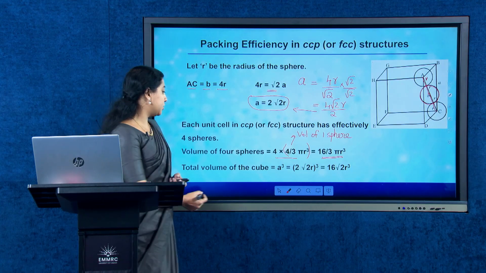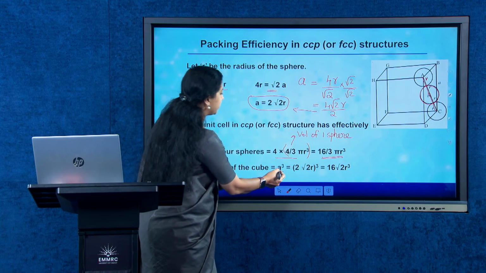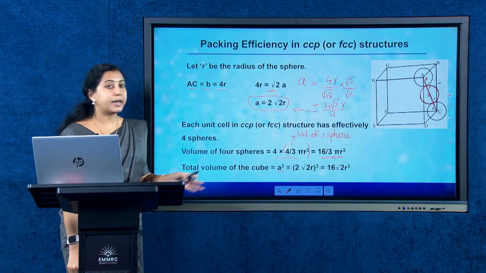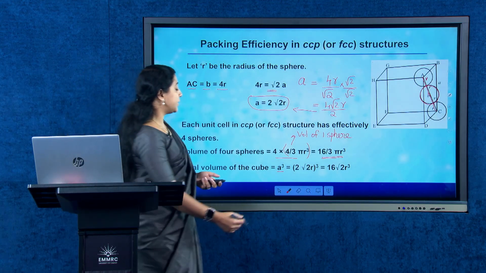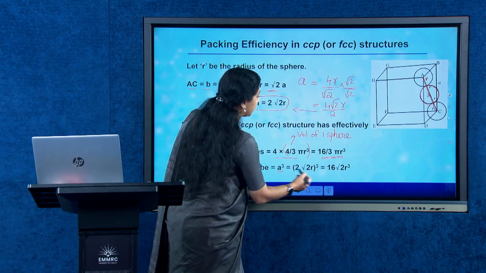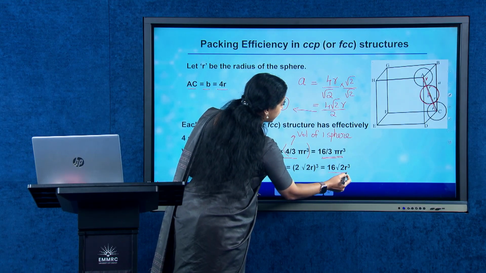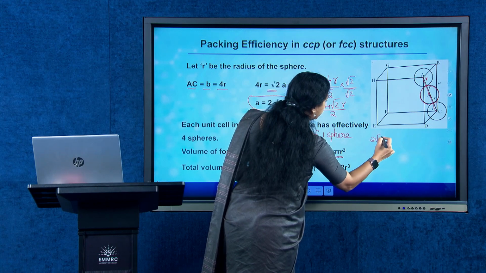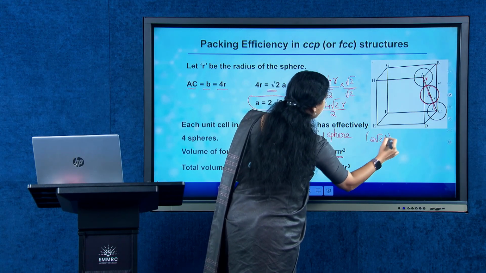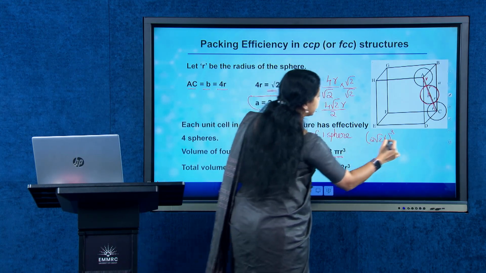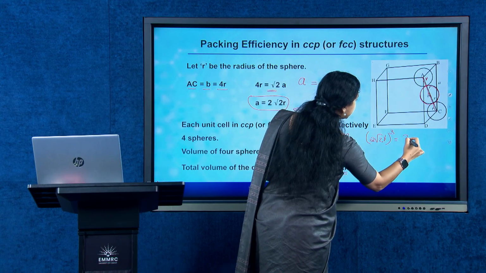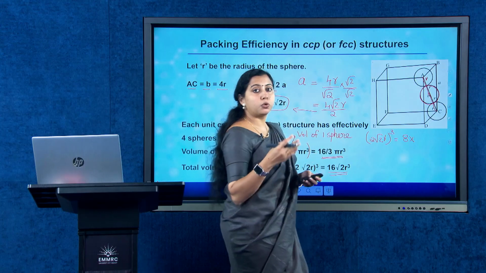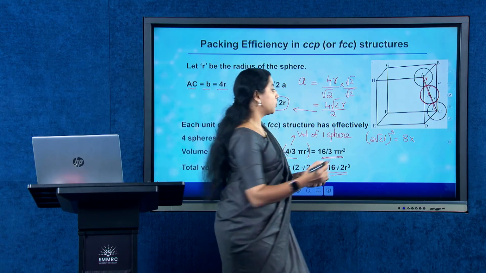Now let's calculate the total volume of the cube. Total volume of the cube is the cube of the edge length, that is A cube. So that is equal to 2 root 2 r the whole cube. 2 root 2 r the whole cube means 2 cube is 8 into root 2 cube, so root 2 into root 2 into root 2, which is 2 root 2.